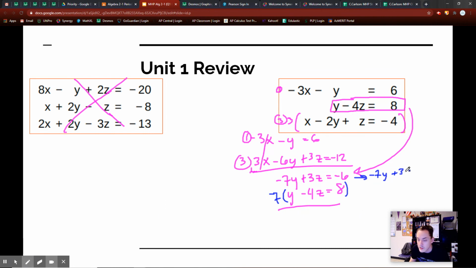This one I'm going to make positive, sorry, 7y. And then minus 28z equals 56. We definitely did this one. Okay, that goes poofy. This becomes negative 25z equals 50. So z equals negative 2.